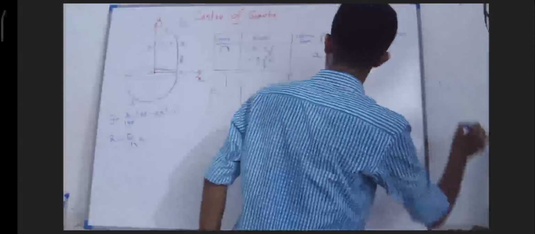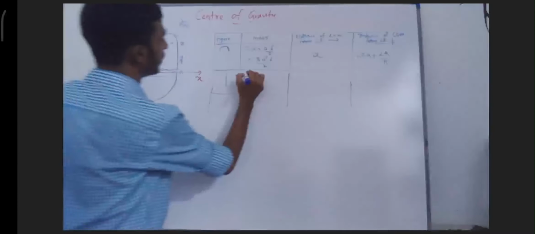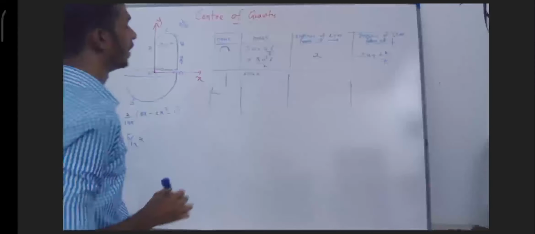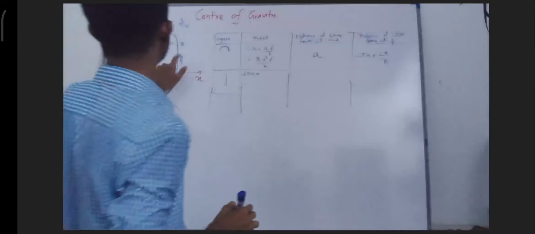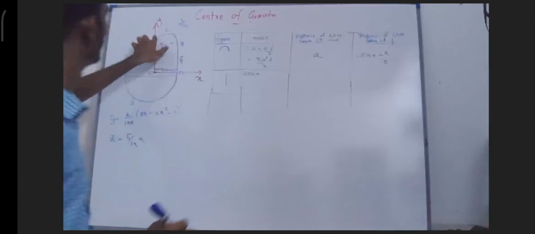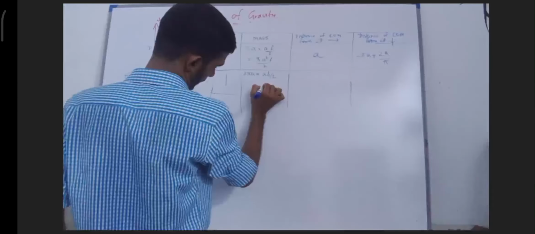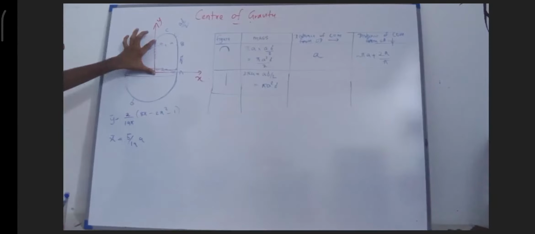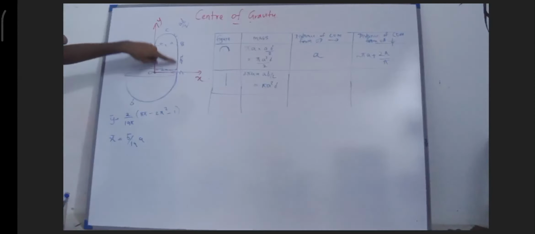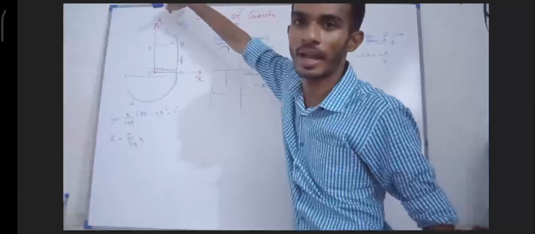The mass is 2a into the mass per unit length, a sigma by 2, which gives pi a square sigma. From OD, the center of gravity of this straight wire will lie at a distance of 2a, because it is fixed at 2a from the y-axis.